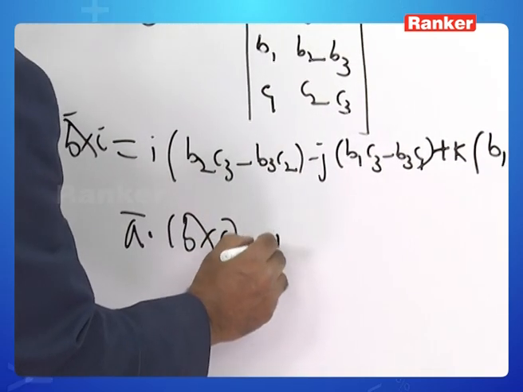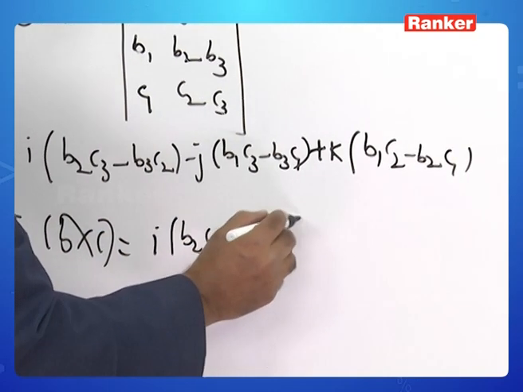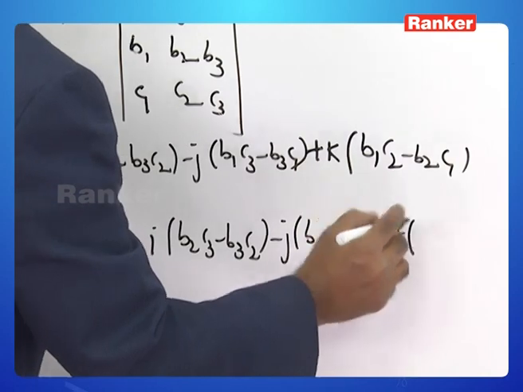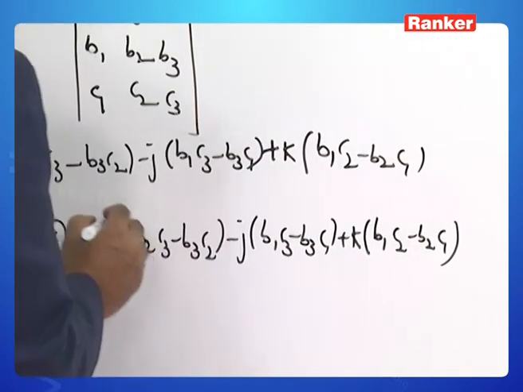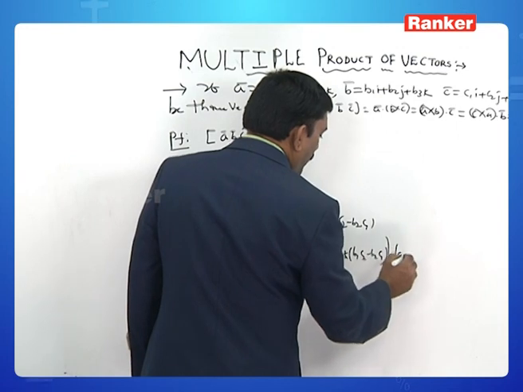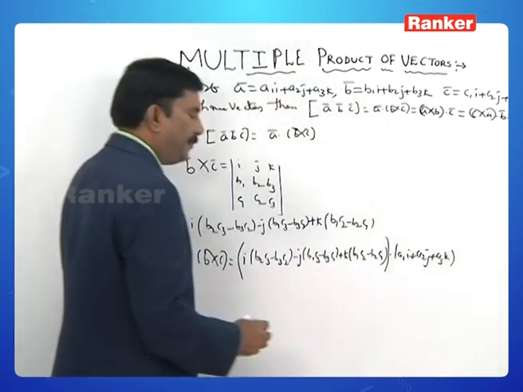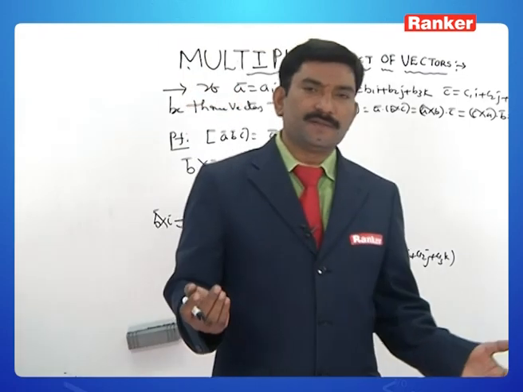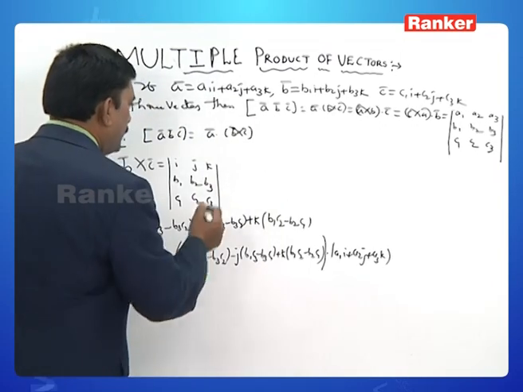For this vector, i into B2 C3 minus B3 C2, minus j into B1 C3 minus B3 C1, plus k into B1 C2 minus B2 C1, dot of A1 i plus A2 j plus A3 k. You know already i dot i is equal to 1, i dot j is equal to 0, i dot k is equal to 0. So by using that, take the dot product.